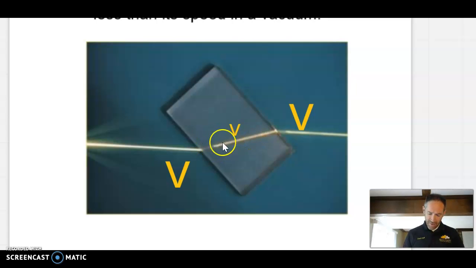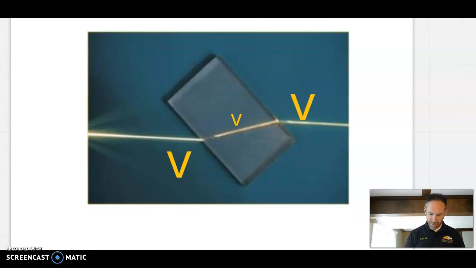Instead of going along this straight line path, it bends and goes along this other path. And then that same thing happens in reverse over here. It goes back to the original fast speed, and because of that, it bends the other way. So this bending is some evidence to say that it's traveling at different speeds.